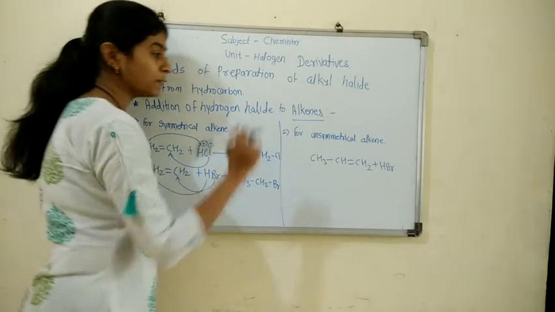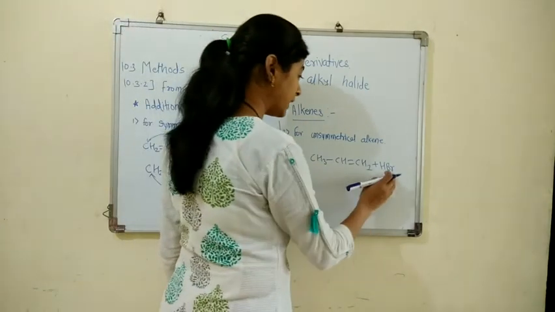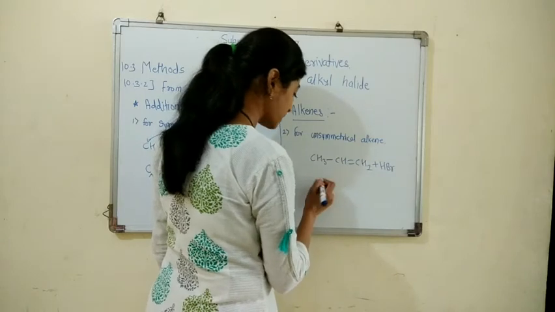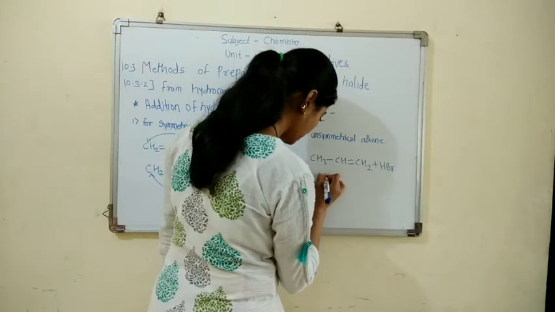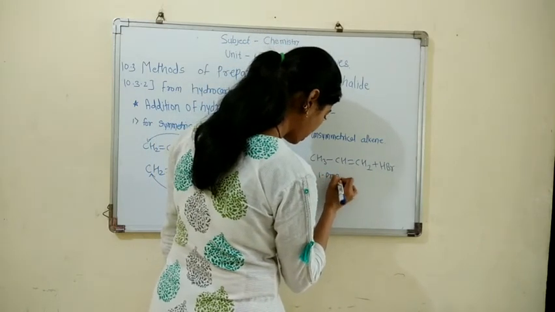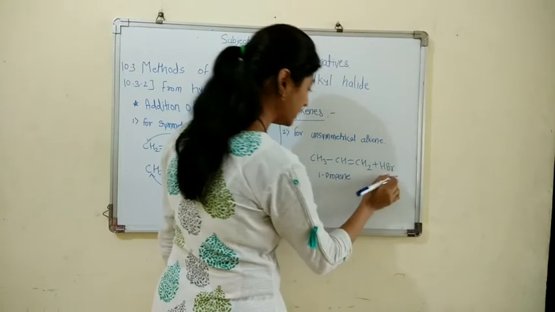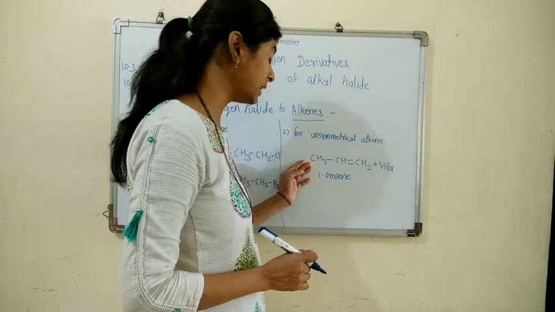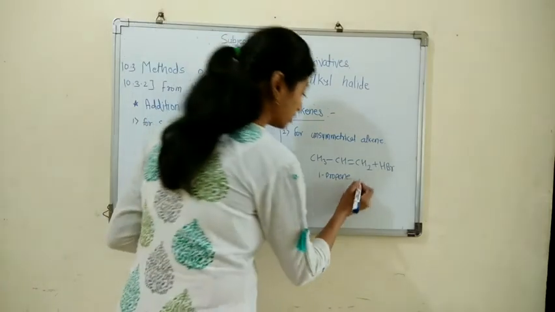But in case of an unsymmetrical alkene, when HBr adds to 1-propene, what will be the product?